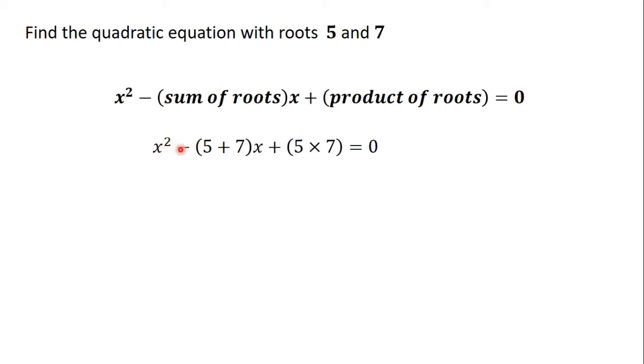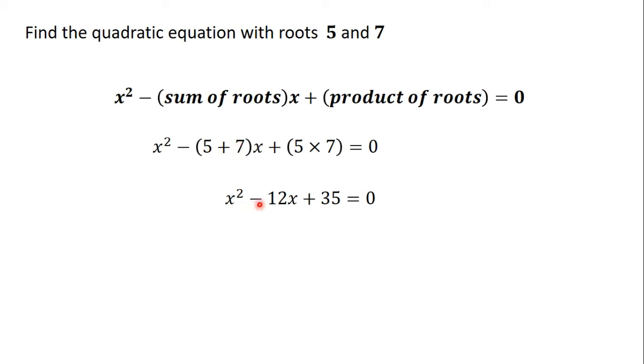So we have x squared minus 5 plus 7, you close the bracket, x plus product of roots. That means we have to multiply the roots. So 5 times 7, and this is equal to 0. Now this will give us x squared minus 5 plus 7 is 12.